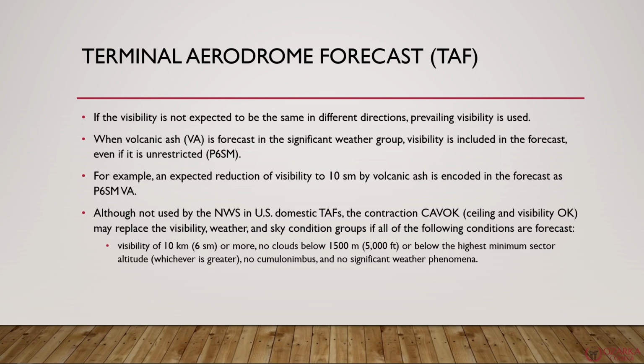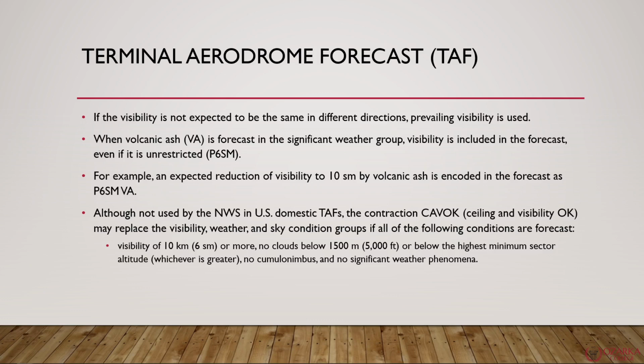Visibility of 10 kilometers or 6 statute miles or more, no clouds below 1,500 meters or 5,000 feet, or below the highest minimum sector altitude, whichever is greater, no cumulonimbus, and no significant weather phenomenon. So if all of those parameters are met, the coded identifier is CAVOK, ceiling and visibility OK.